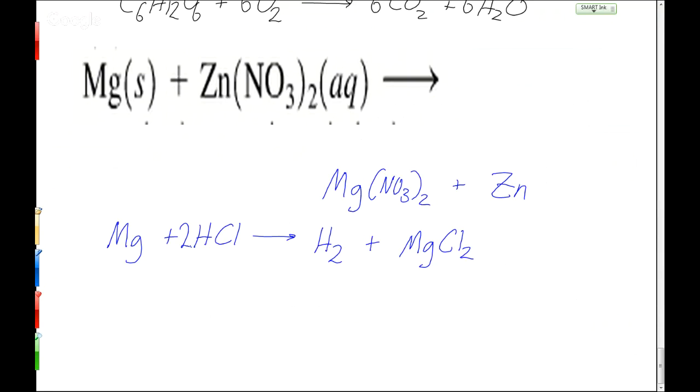And then the other part, it's not just going to be MgCl. What's it going to be? Yeah, MgCl2, because we know magnesium makes a +2 ion. So this one is not balanced, so we have to put a 2 here. That was one of the reactions from lab also.